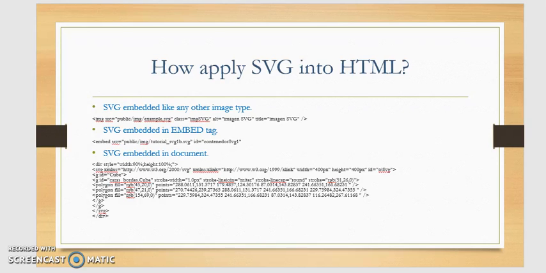Another way is the embed tag. With HTML5, the embed tag is finally standardized, which in the HTML4 version was not a standard. This tag allows us to insert various types of documents into a web page. This can be used to insert an SVG document, but doing so has the same limitation as doing it through an image tag.